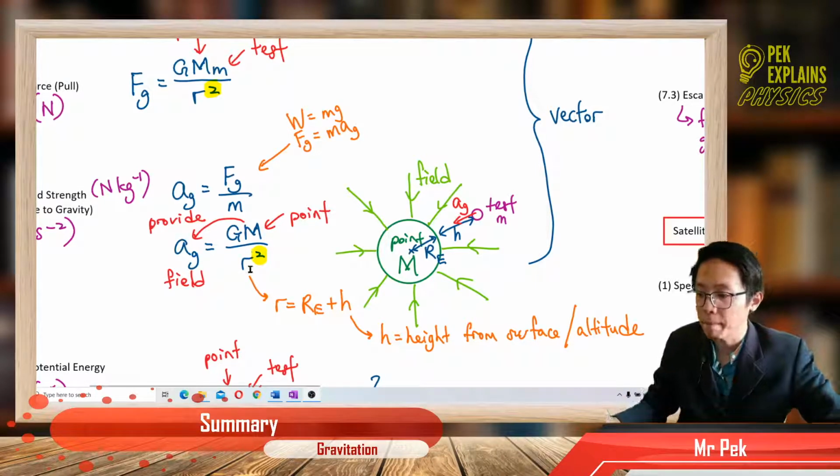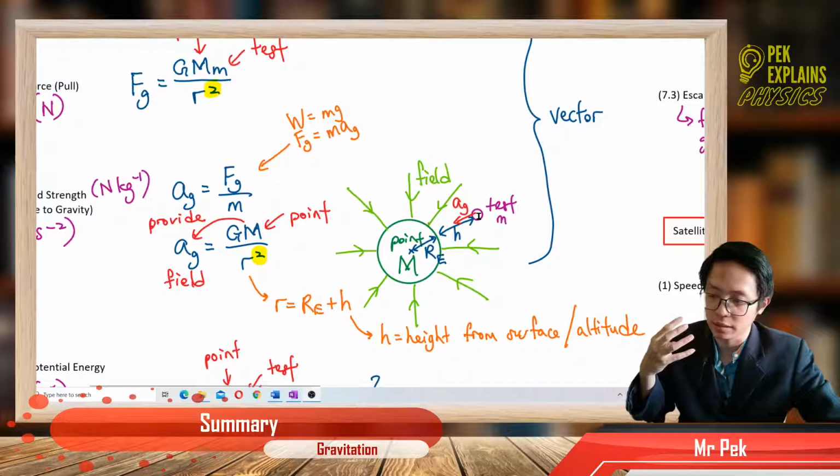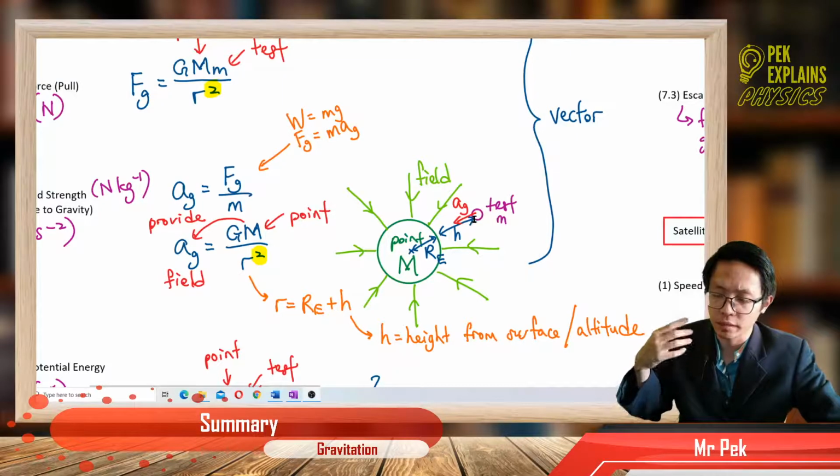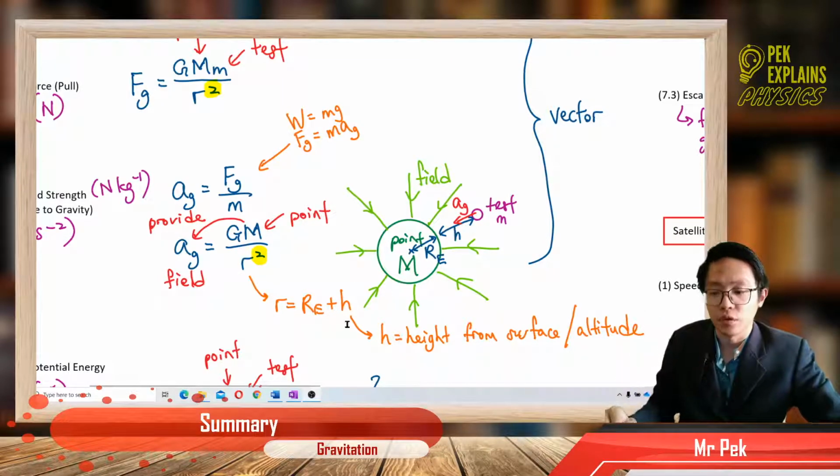Okay, enough of that. Now, how about this r? r is the distance of point mass to test mass. So it is the radius of Earth plus altitude. If the test mass is on the surface, then it's just the radius of Earth. But if it is in the air, then don't forget to add the height from the surface, called altitude.